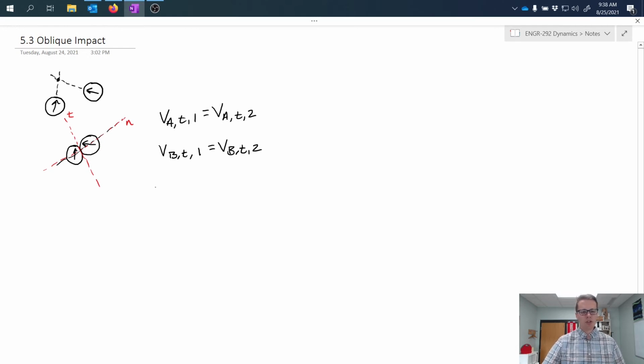The next equation that I can write is to start thinking about what's happening in the normal direction. Well, in the normal direction, we still have the conservation of momentum that we can take into account. So I'm going to write VA normal 1 and the momentum of particle B. Forgot my A over here.